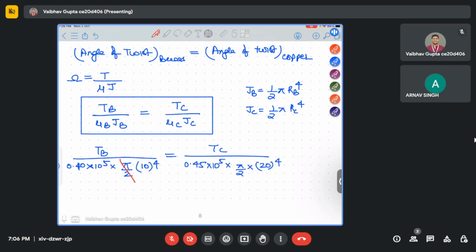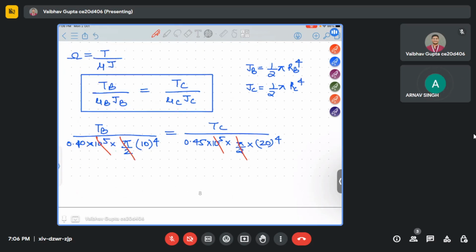Now we'll cancel. This pi by 2 will be cancelled by this pi by 2. 10 to the power 5 will cancel by 10 to the power 5. Yes, sir. So now if you calculate this, you will get to know that TC is equal to 18 times of TB. This is equation 2.